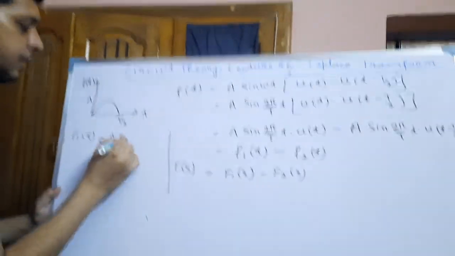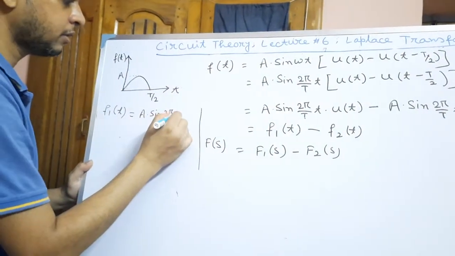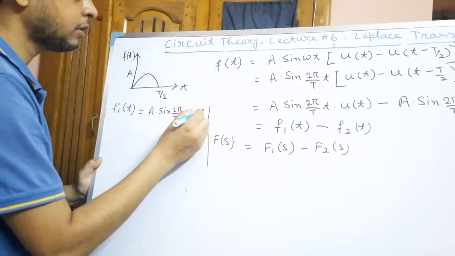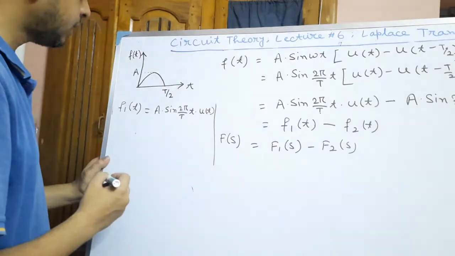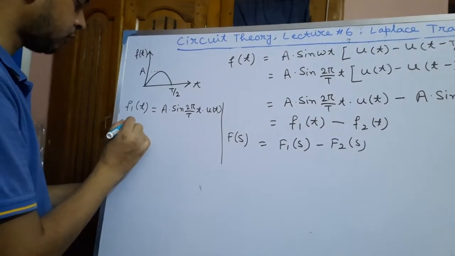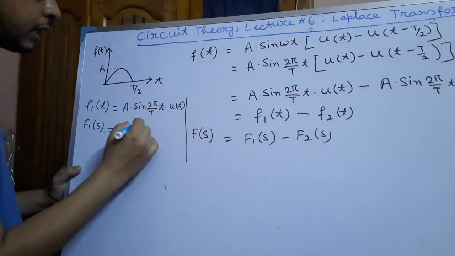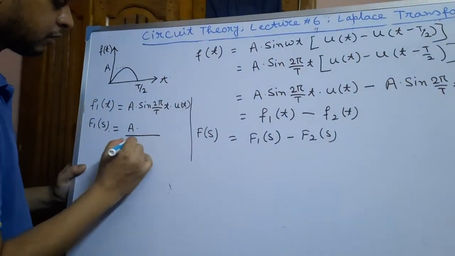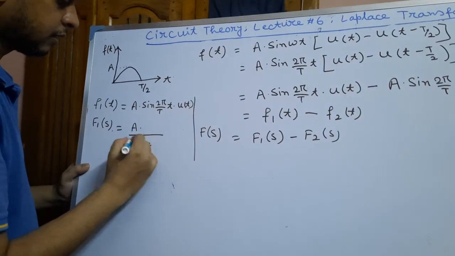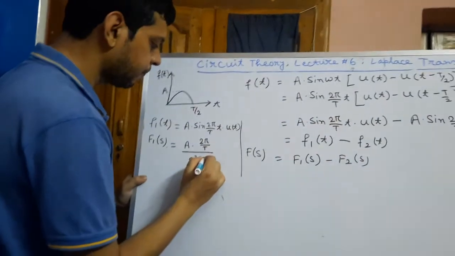A sin 2 pi by T t u(t). Therefore the Laplace transform of this function, or F1, is equal to A into omega by s square plus omega square. Omega equal to 2 pi by T.